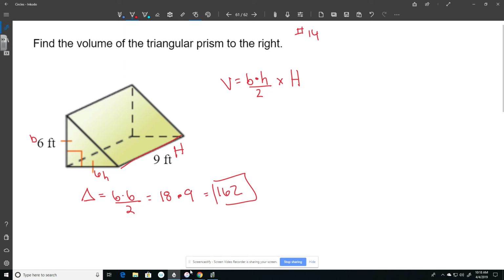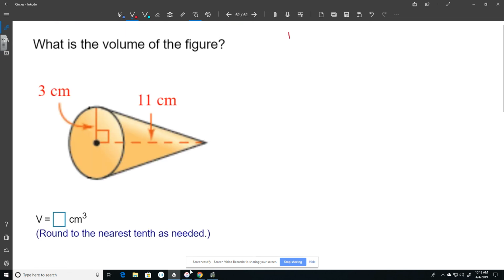I think that one you can figure out on your own. Find the area of the triangle, times it by how many of those are stacked on top of each other, and you'll be fine.